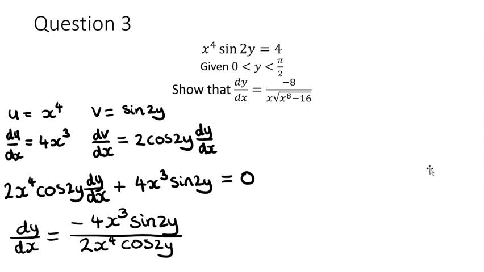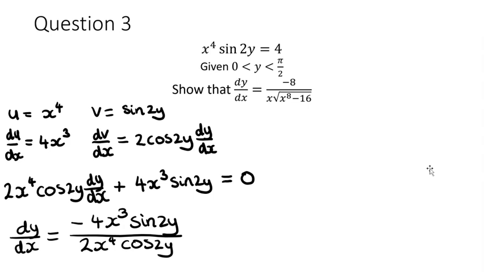Okay, so that's dy by dx, but it's nowhere near what we're being asked to show, unfortunately. In the exam we'd get some credit for getting this far, but we wouldn't get the full credit for getting it in this form. There are quite a few ways that we can simplify.